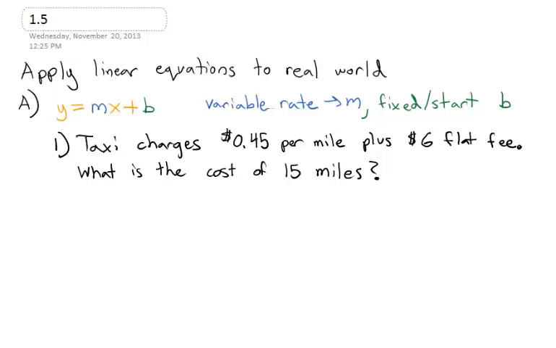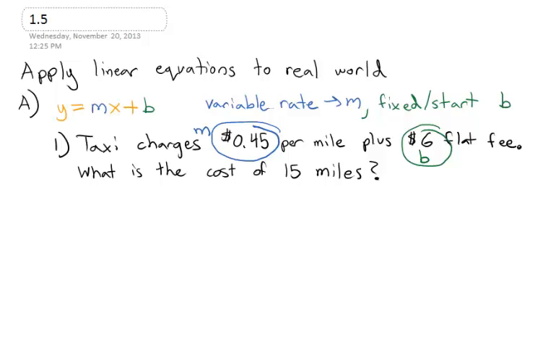Well, the starting value of this taxi trip is the $6 flat fee. That's going to be our B. $6 is what the cost starts at. The variable cost, the changing cost, is this other number. It's 45 cents per mile. So that's going to be our M, our slope.